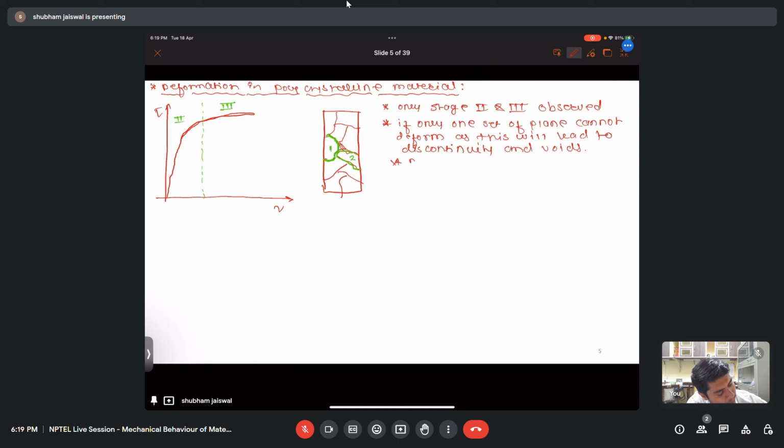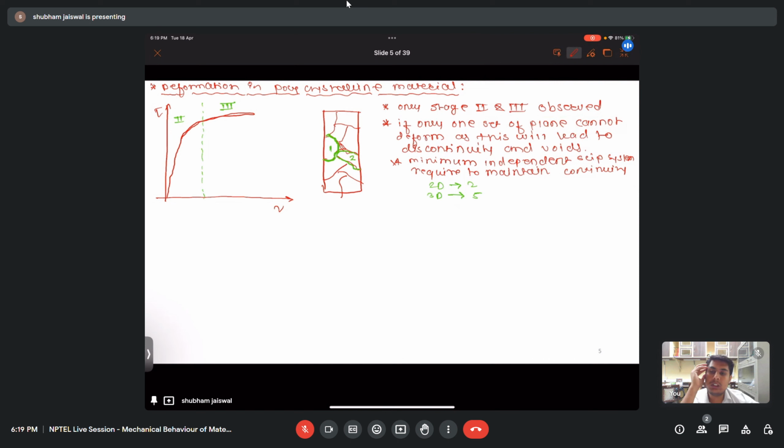So the minimum independent slip systems required to maintain continuity are, in case of 2D, 2, and in case of 3D, 5.